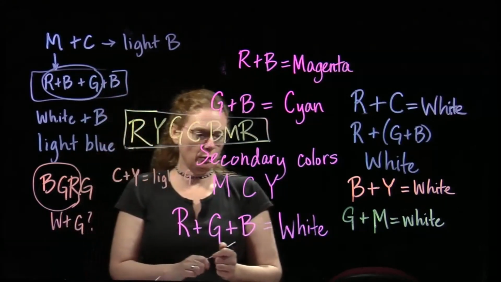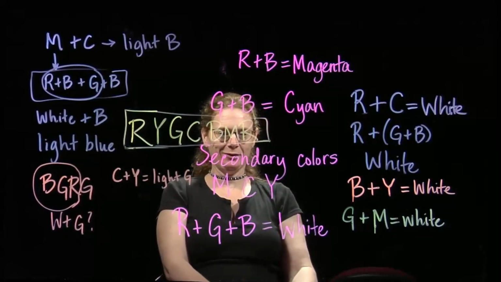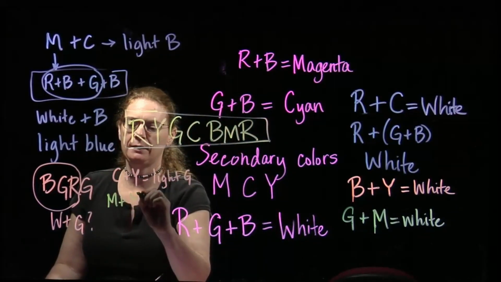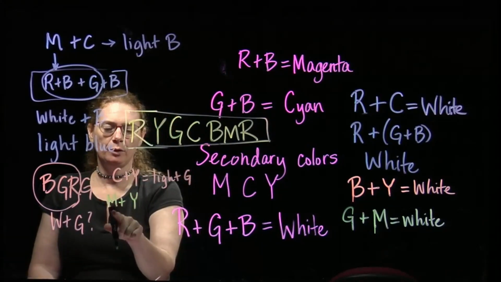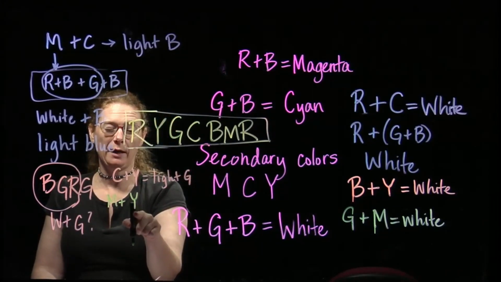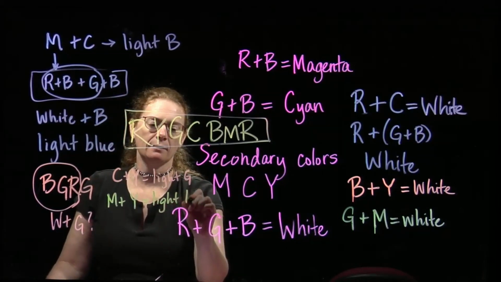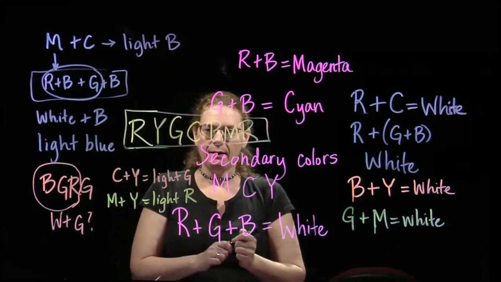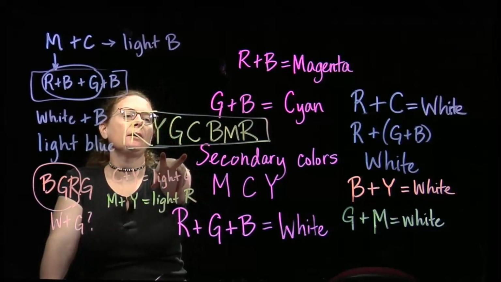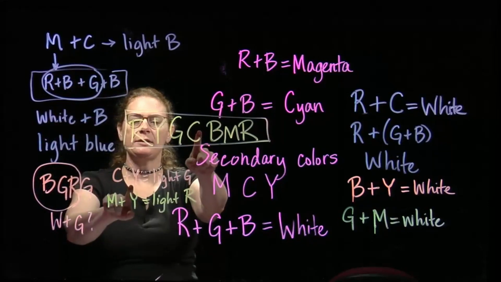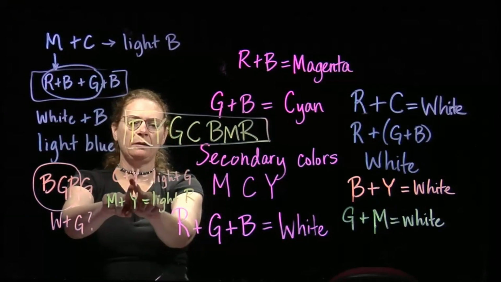And then the third one, again, make a prediction, magenta plus yellow. Red, blue, green, red. I've got an extra red. That equals light red. And if you look here again, yellow and cyan ended up being light green.